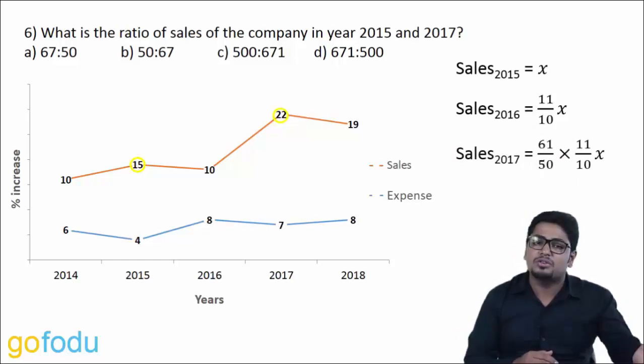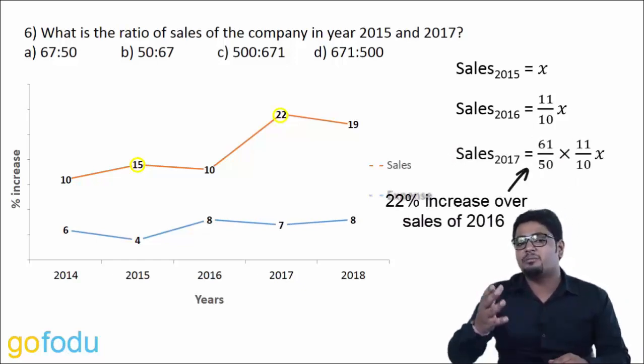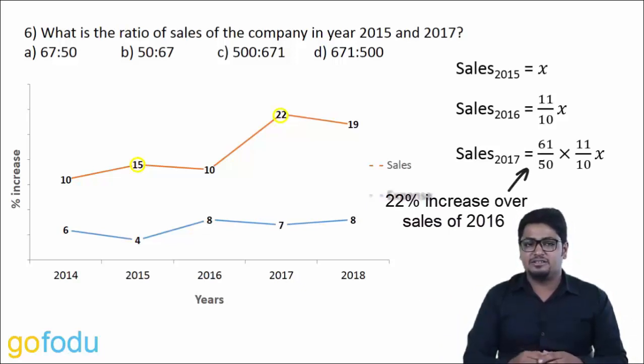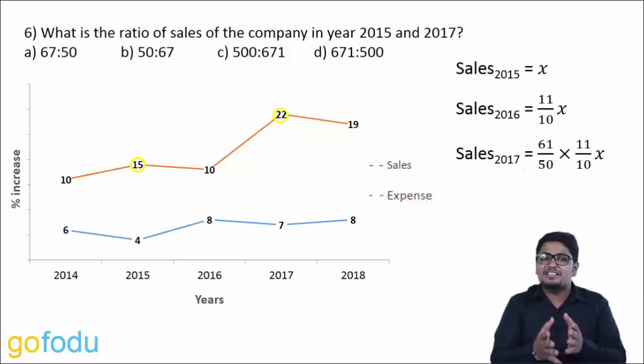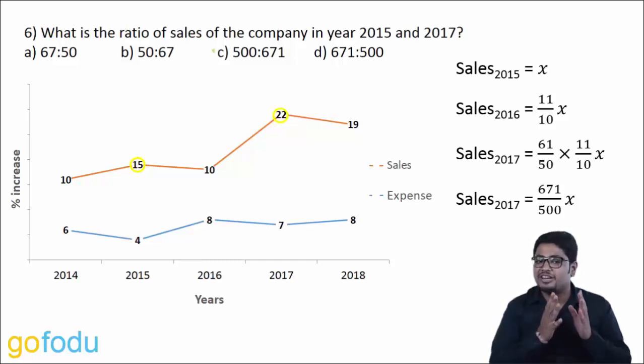Similarly, sales in 2017 will be 61 upon 50 into 11 by 10X. This, when simplified, gives us 671X by 500. Ratio will be X upon 671X by 500, which gives us 500 upon 671 as the final answer. Option C.